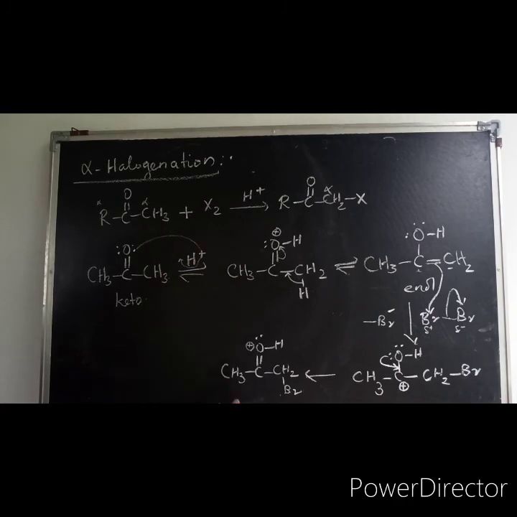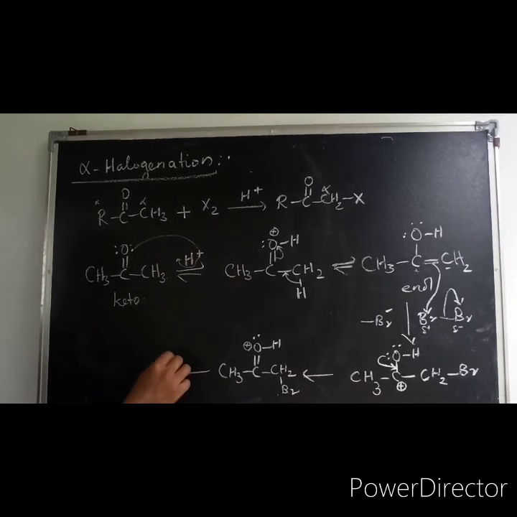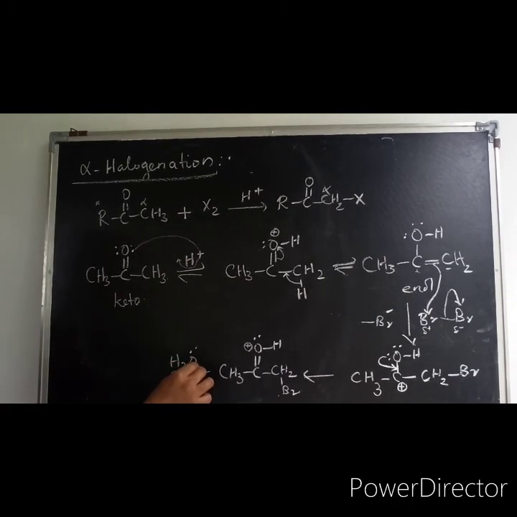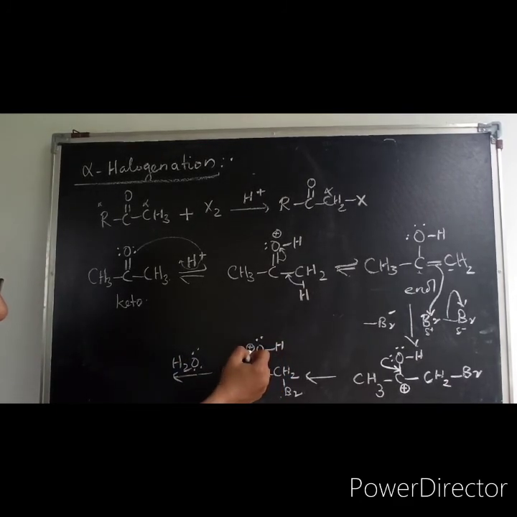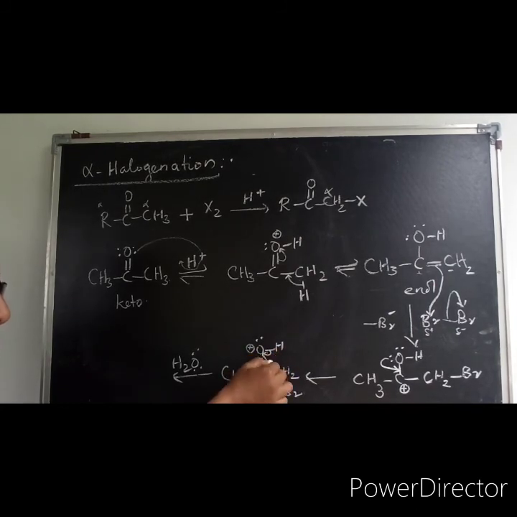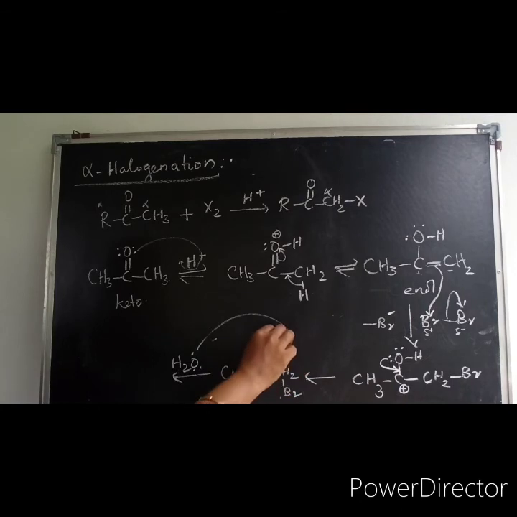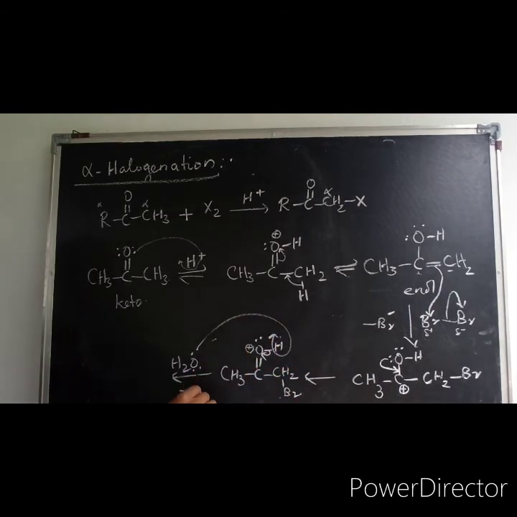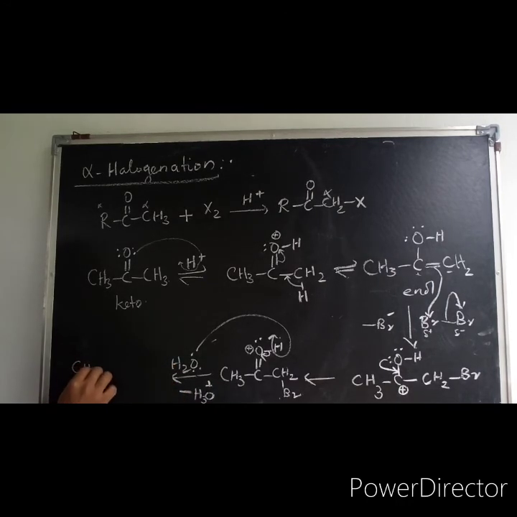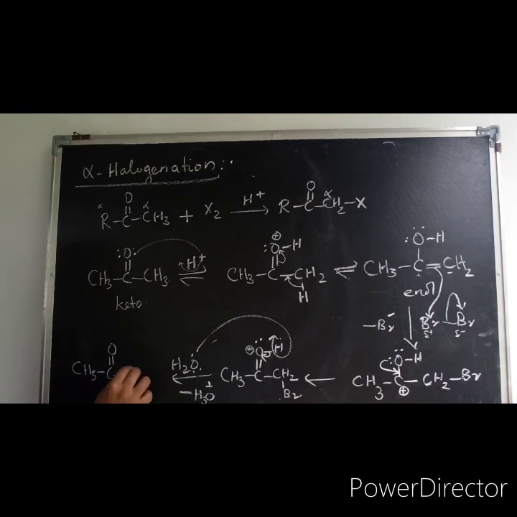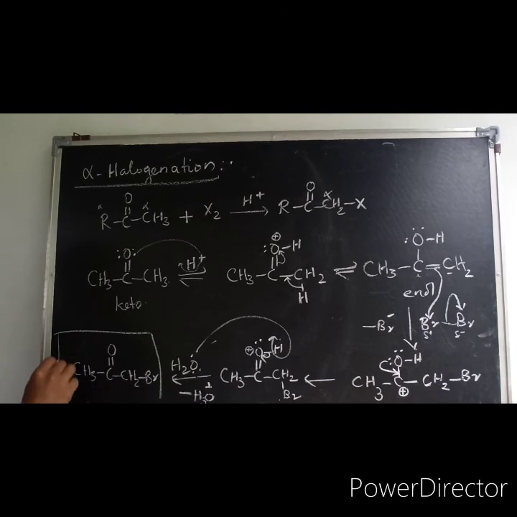Now in the next step, what will happen? Water will come, and this water will be taking up this proton. This positive charge has to be neutralized, right? So this bonded pair will become a lone pair like this, and this water lone pair will be taking up the proton. So this will be like minus H3O plus, and you would be getting CH3, C double bond O, CH2 Br. So this is the product that you are getting.